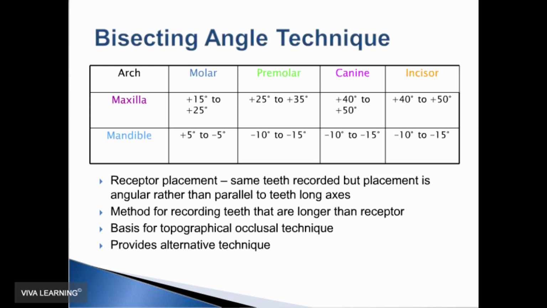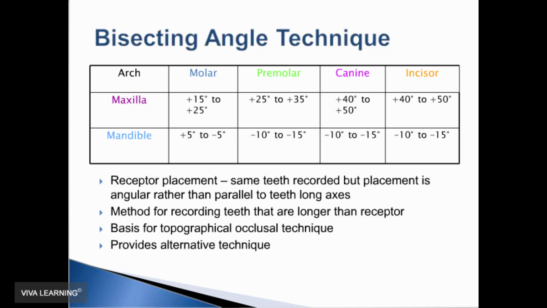On the maxilla, you'll be able to see that the ranges in angulation vary for each area of the mouth, but are more common range in the incisor and canine area. The angulations used in the maxilla are positive, meaning the X-ray head is above horizon with the PID or X-ray beam pointed downward.